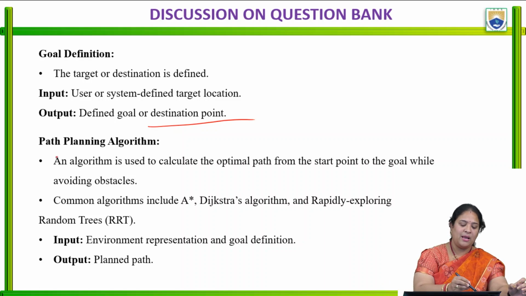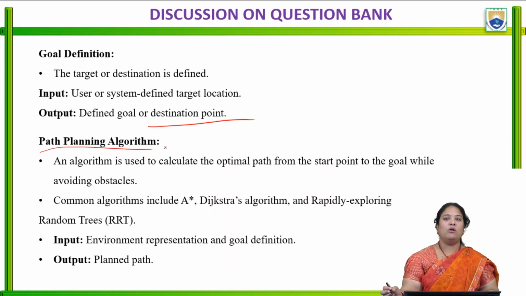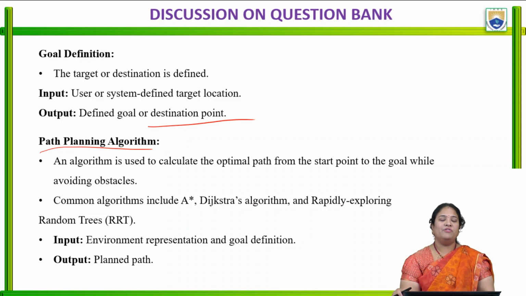Next is the path planning algorithm. Path planning algorithm means we need to write the algorithm which has been inserted into the robot, and based upon it the robot will be acting from the initial to the final position. That is an algorithm used to calculate the optimal path from the start point to the goal point, avoiding all the obstacles.